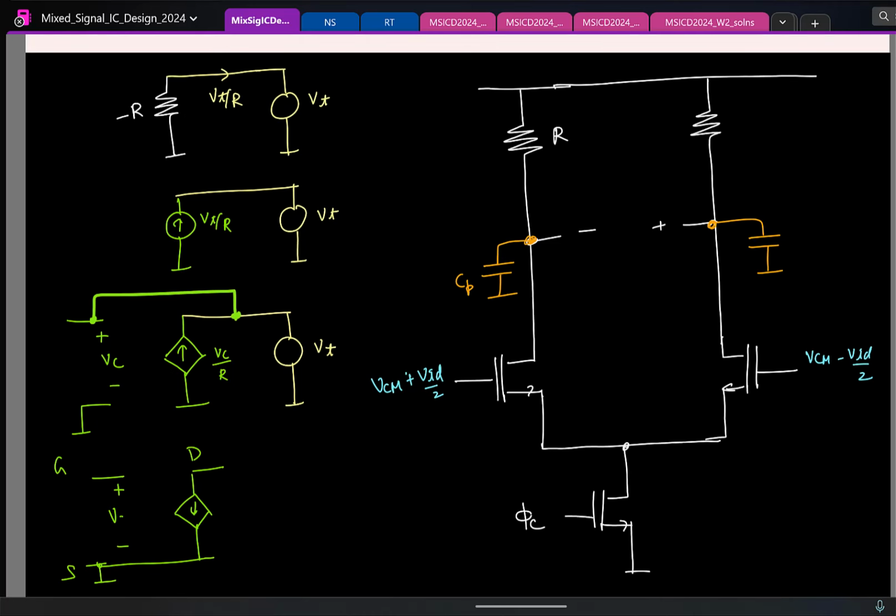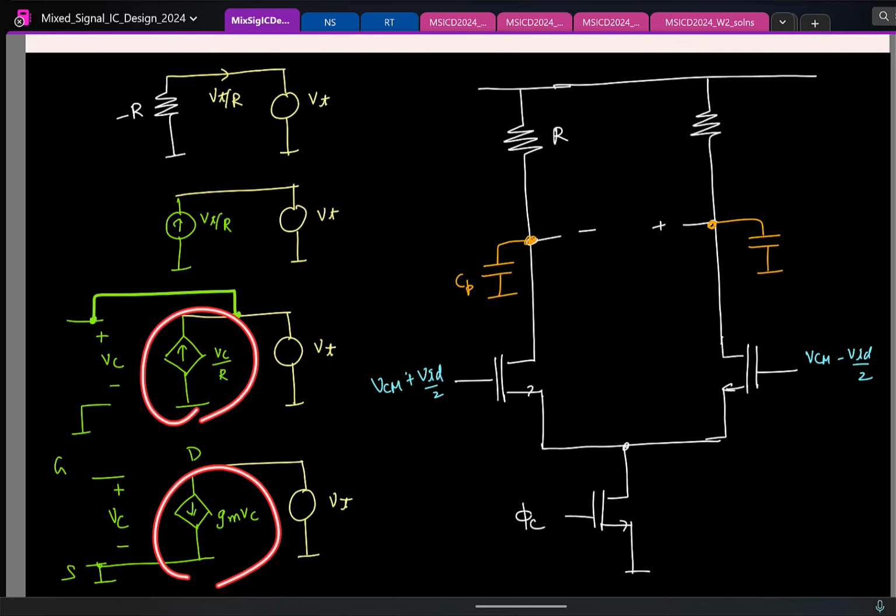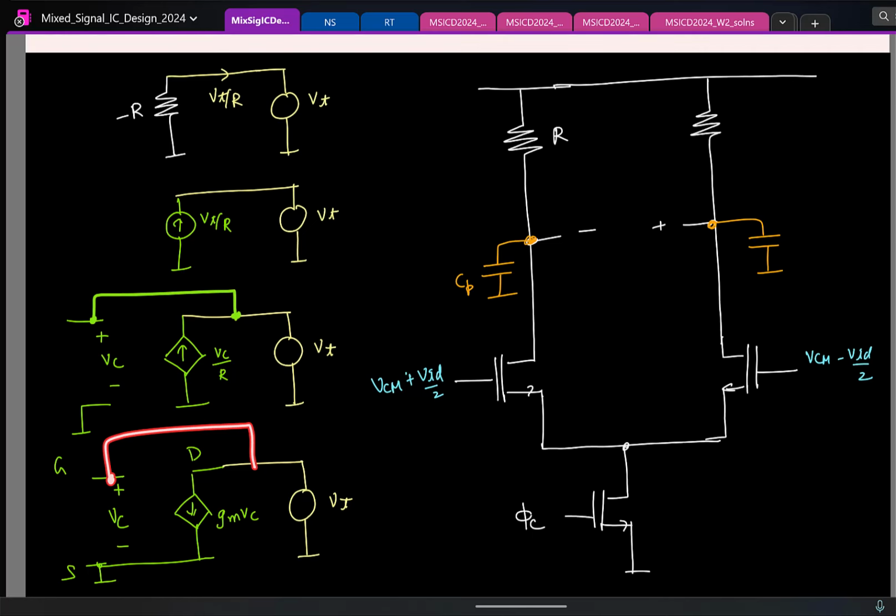If I call it, say, some VC, the current flowing down is GM times VC, okay, and I want to apply a test voltage here. So what is the difference between this and this? Current direction.